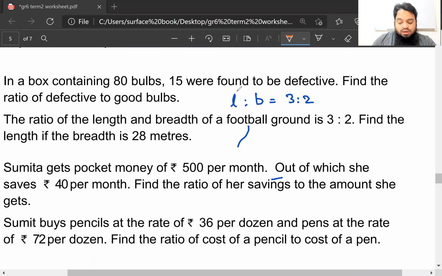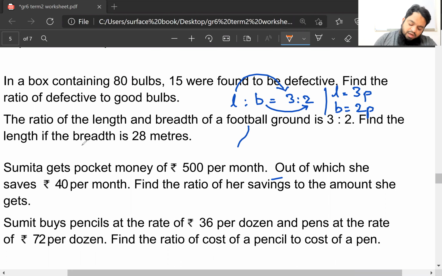So that means what? Length is 3 parts and breadth is 2 parts. Understood? So let us take one part is equal to x. So length is equal to how many parts? 3 parts. And breadth is equal to 2 parts. Okay. And what is given? Given breadth is equal to 28 meters.